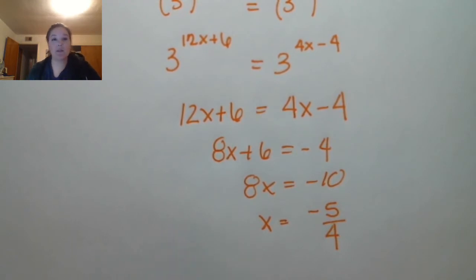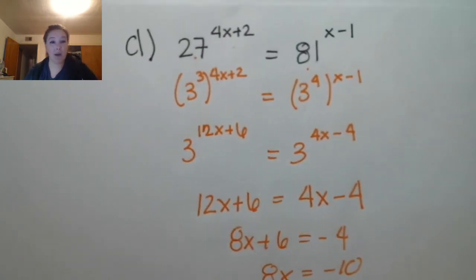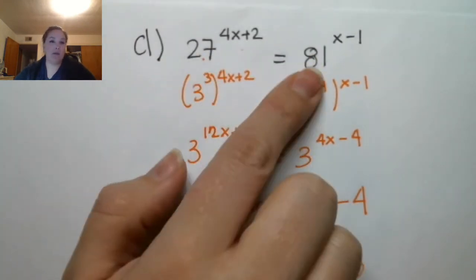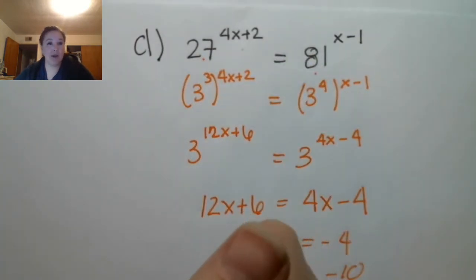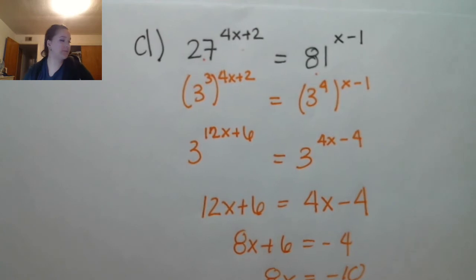So this is really what equating exponents is all about. The only part that can be tricky is trying to pick the right base. Usually if you look at what these bases are both powers of, that will give you a clue. And then you just need to write them as a power of that base.